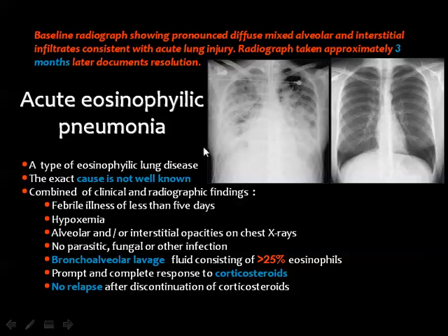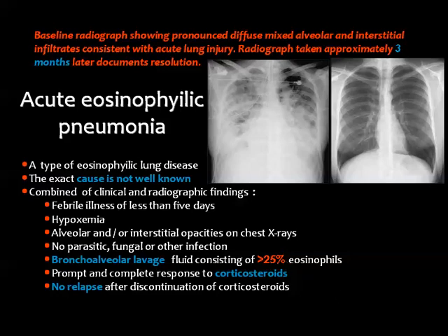The cause of this eosinophilic pneumonia is not known, but if you are able to see peripheral eosinophilia in the blood picture, or to see eosinophilia in the bronchoalveolar lavage, this is diagnostic.